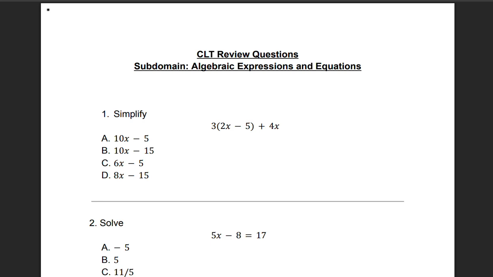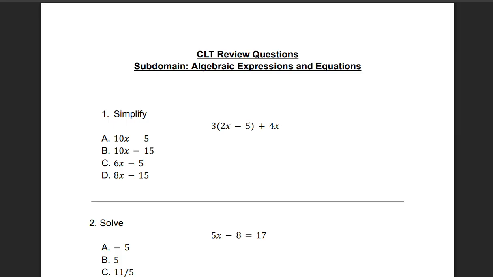Now, looking at what is given to us today in this first question, we have 3 parentheses. Now, when I have a number attached to parentheses, that means we're going to be doing multiplication for our operation. So 3 times 2x minus 5, then plus 4x. Whenever I have a number in front of a set of parentheses, we are going to multiply.